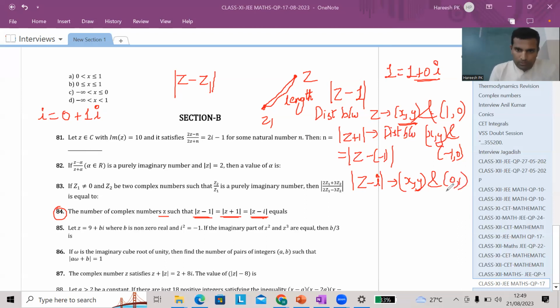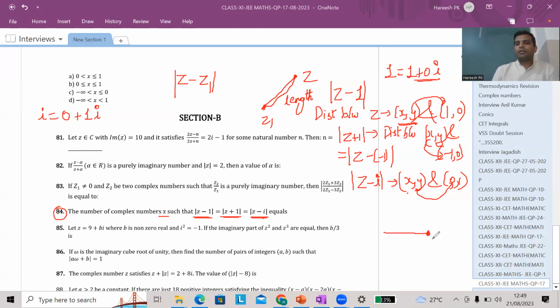So now they are telling that the distance from x comma y to 1 comma 0, minus 1 comma 0 and 0 comma 1, all the three distances are equivalent. So where do you think distance will be equal?